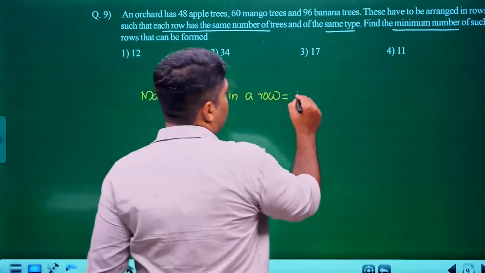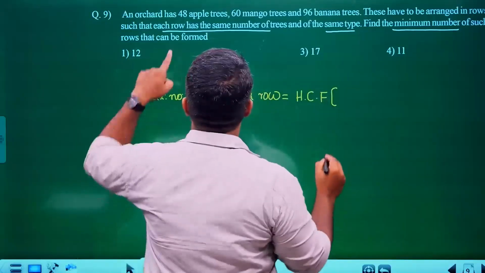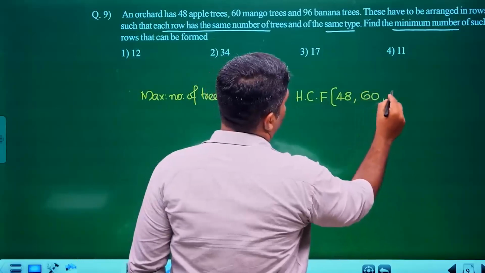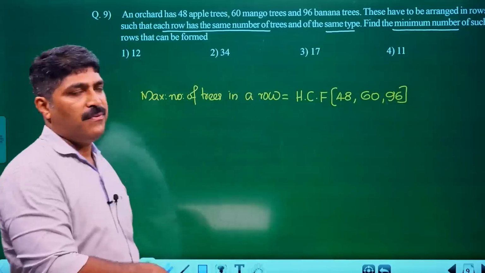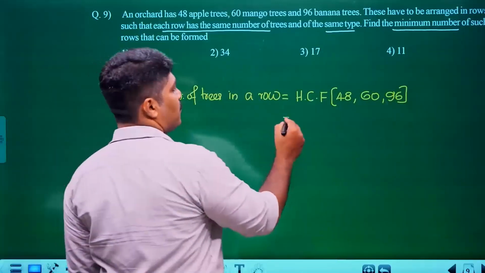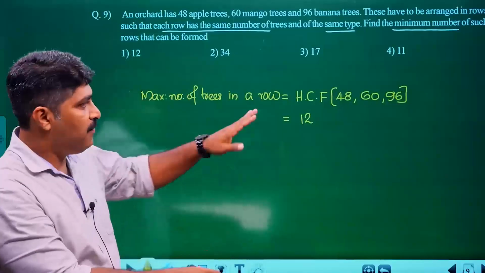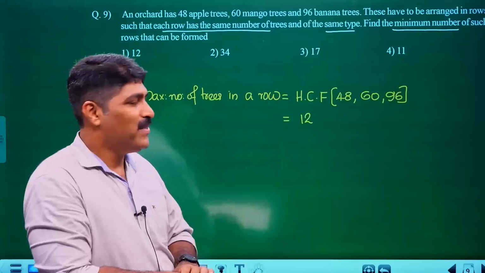HCF means highest common factor of 48, 60 and 96. So what is the HCF of these three values? That's equal to 12. Here 12 is a factor of 48, 12 is a factor of 60, 12 is a factor of 96.